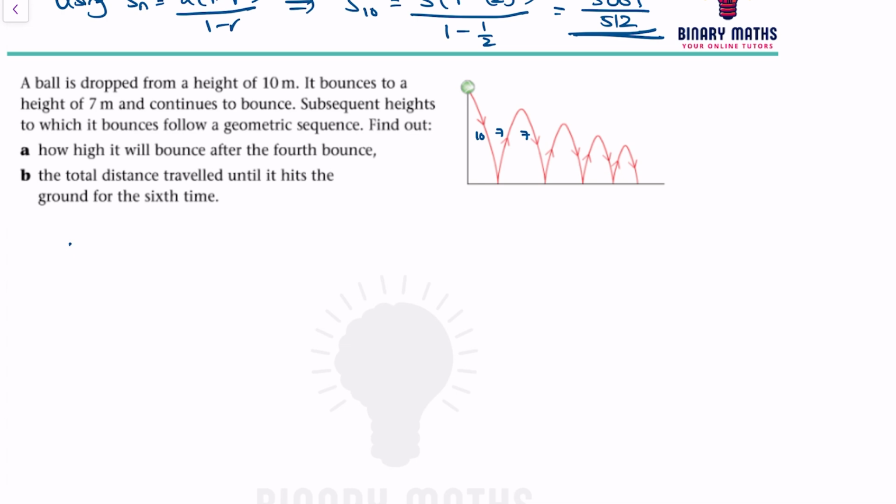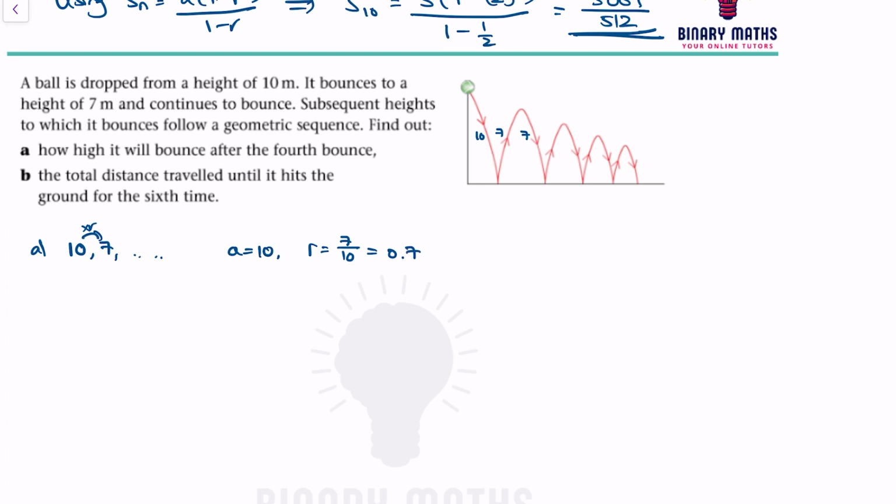So 10 is the first term, then 7, and so on. Where a is equal to 10 and r is equal to 7 divided by 10, because we have to do second term divided by first term to get r, which is equal to 0.7.